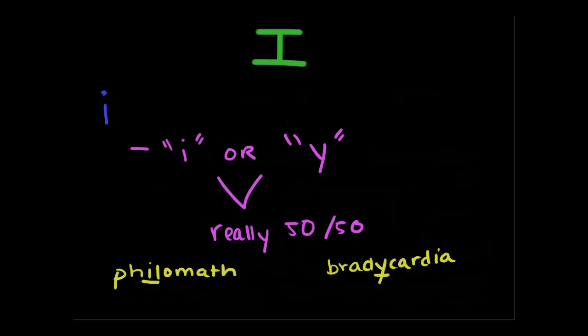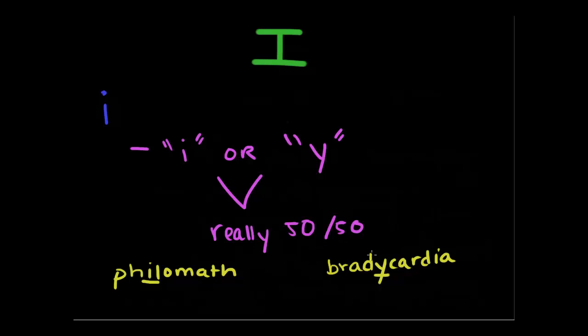So if you hear the definition, a slow heart rate, cardia meaning heart, like cardiac, you can immediately recognize the root brady meaning slow and know that there's going to be a Y. So these roots, I tell you, are so important, and they can really help you figure out if it's an I or a Y in this case.